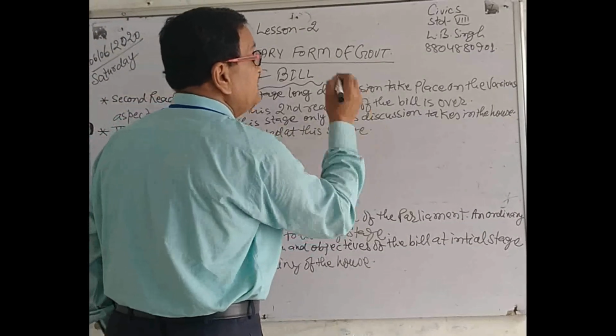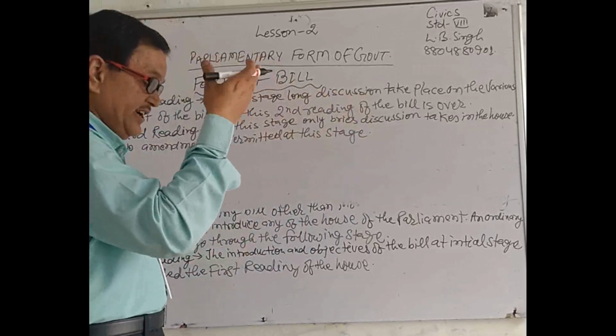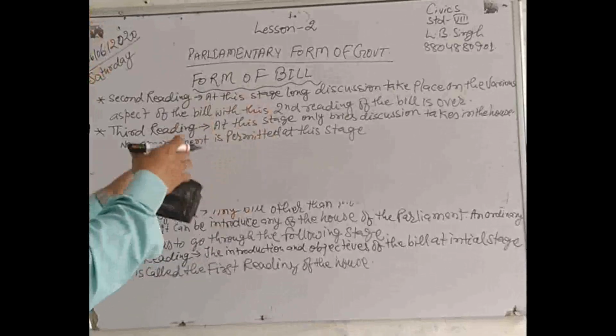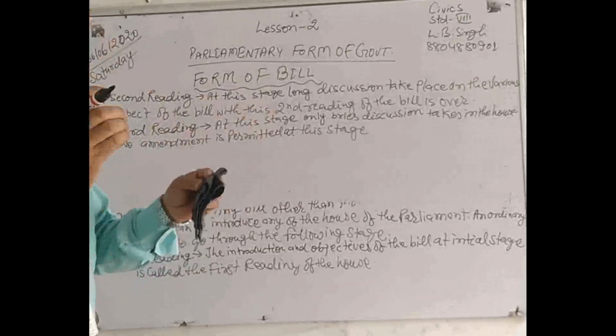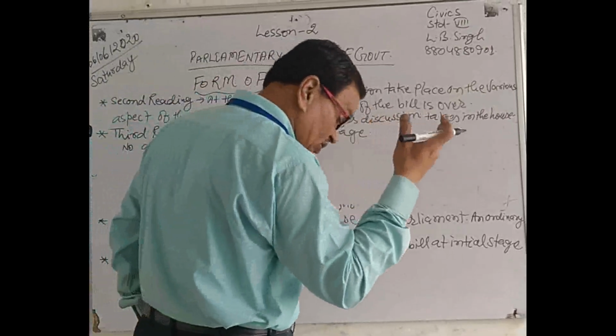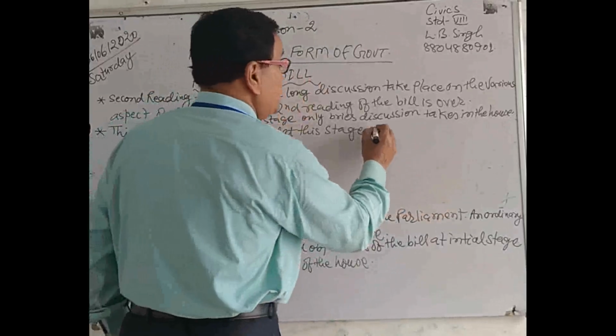Do you know this thing? After the first reading and second reading, the third reading takes place in the house, and there is a provision that no amendment will be taken in this bill. So there is only the condition of voting.